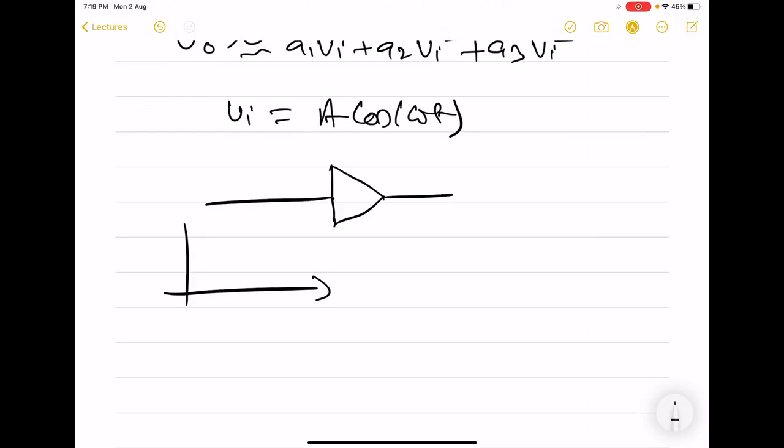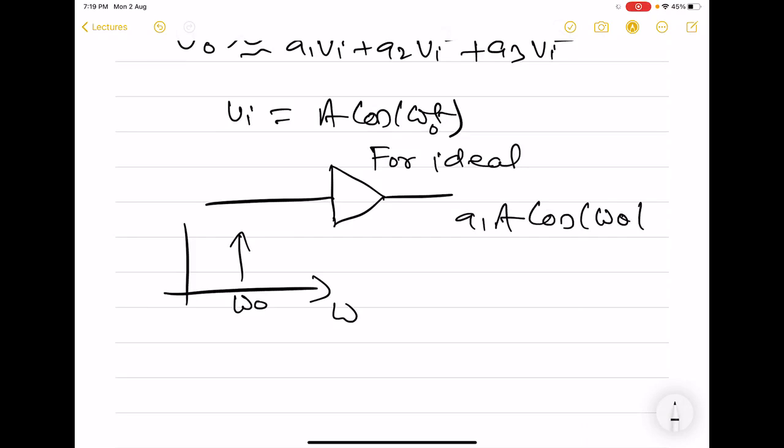On the input side, we have a pure sinusoid at omega naught of amplitude A. When this passes through an ideal amplifier, on the output side we will have A1 A cos omega naught t.